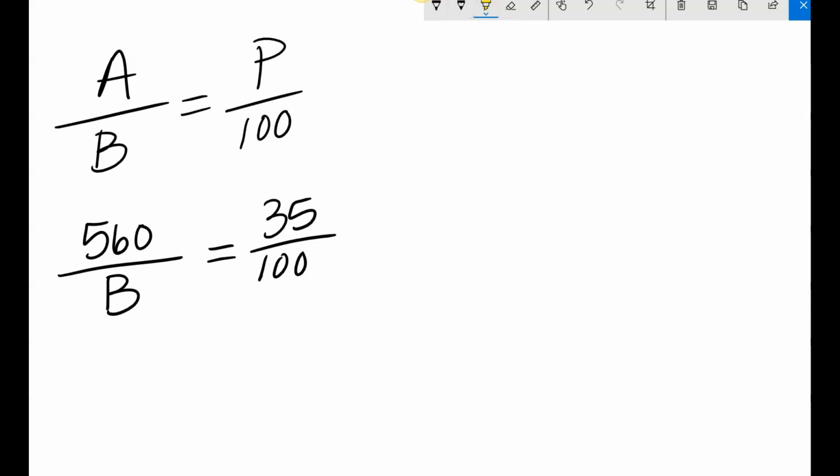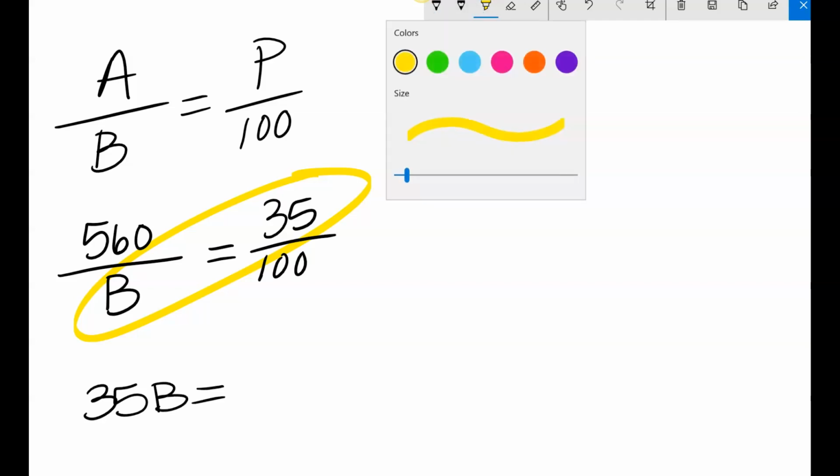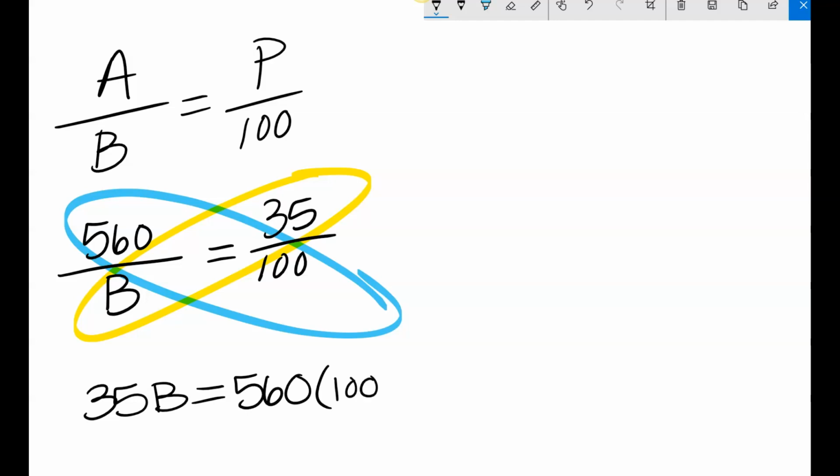So we're going to cross multiply here. So I'm going to multiply the denominator of the first fraction by the numerator of the second. So when I get b times 35, that becomes 35b. And then I'm going to multiply the numerator of the first fraction by the denominator of the second. So that's going to equal 560 times 100.